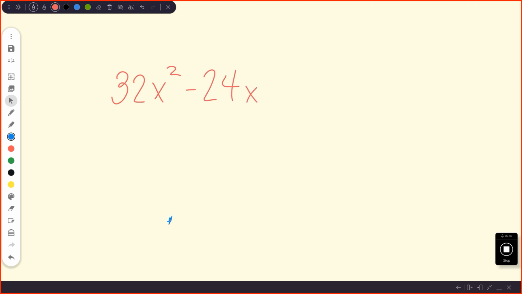Alright, what are the two coefficients that I want to factor? 32 and 24. Okay, off the top of your head, what can you think? 4 and 8? 4 and 6, 4 and 8. That's 3 and 8.